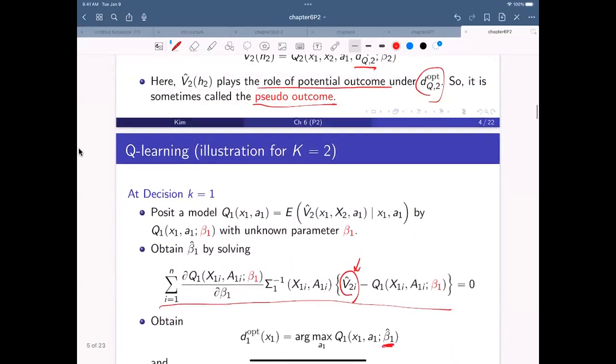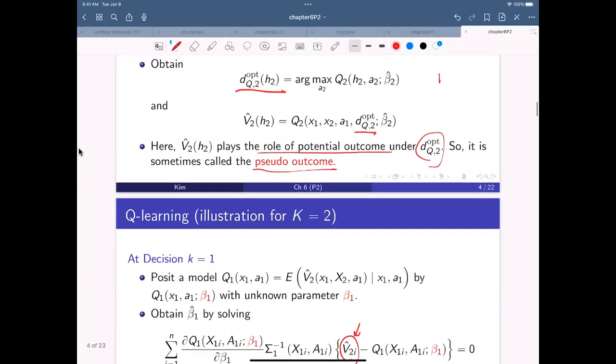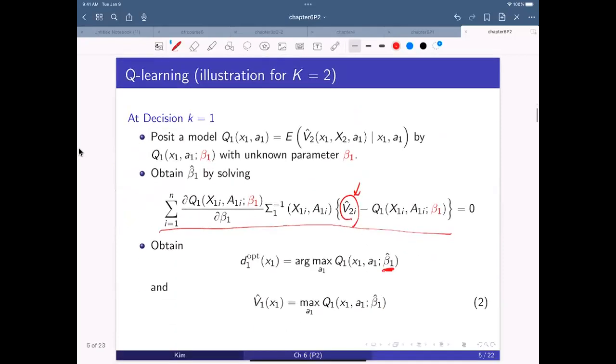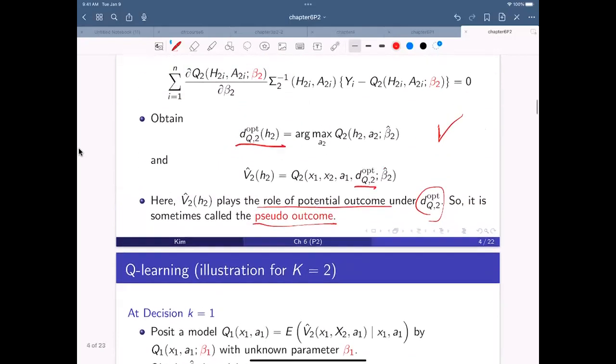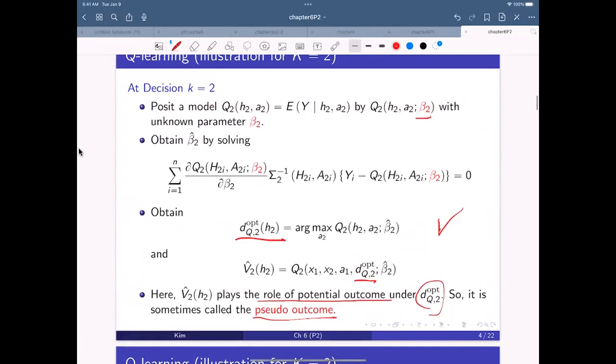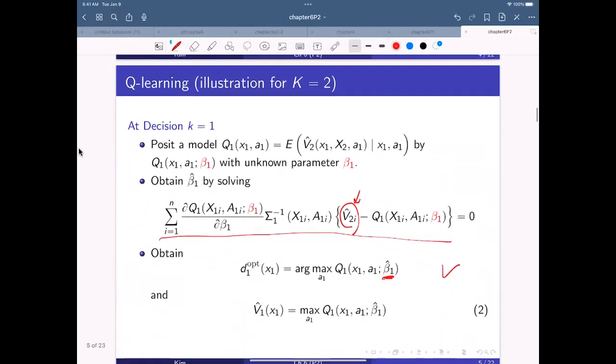So that basically means that we have D1 and D2. The first one is the optimization at K equal 2, and this one is the optimization at K equal 1.